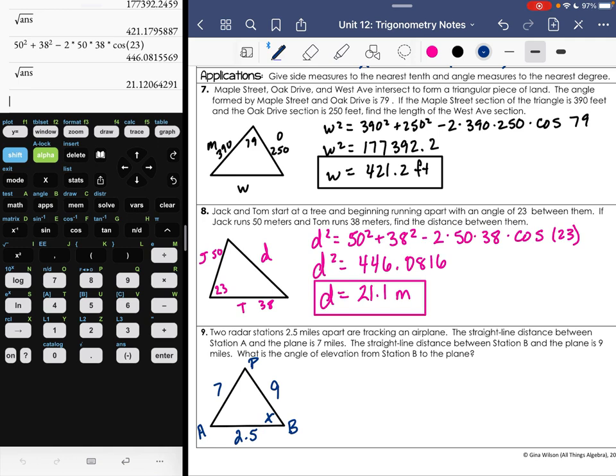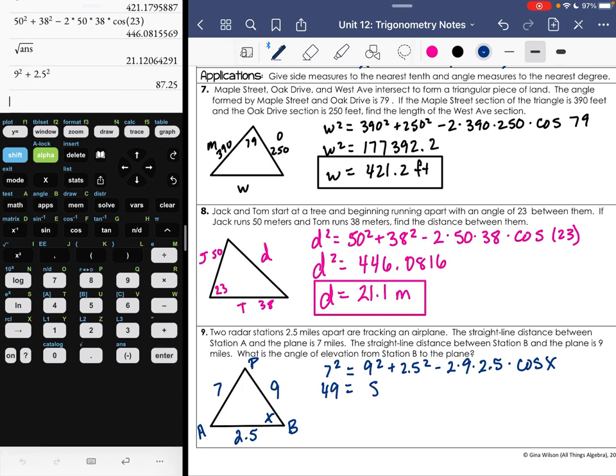All right, so that means that you are going to use 7 as your start on the left. So you're going to have 7 squared equals 9 squared plus 2.5 squared minus 2 times 9 times 2.5 times the cosine of x. All right, so we've got 49 here, and then we're going to have 9 squared plus 2.5 squared.